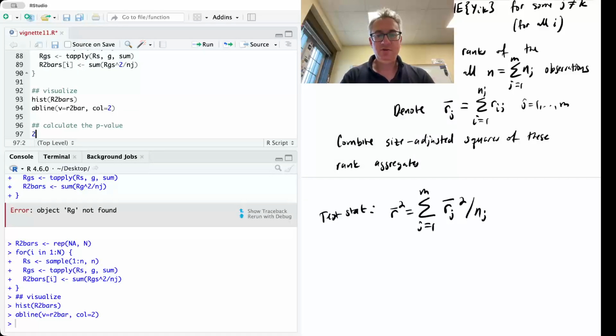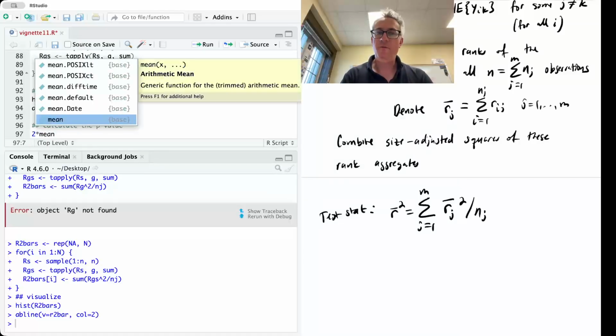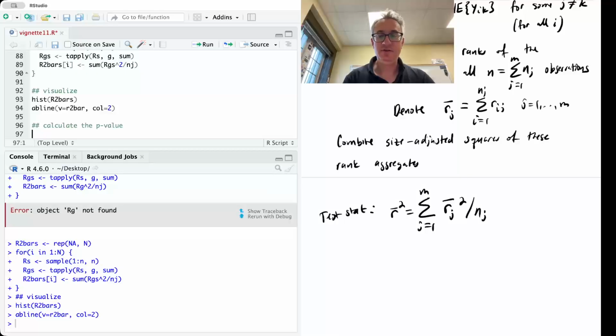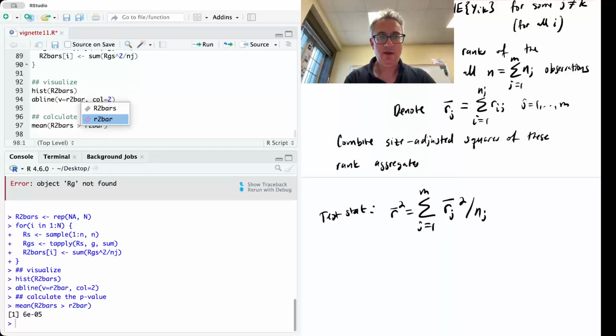So that's going to be 2 times mean. Oh, it's not 2 times. It's a one-tailed test, right-tailed only, just like ANOVA with the F statistic is right-tailed only. So is this one. So we're just going to do mean of R2 bars greater than R2 bar. And that's our p-value.